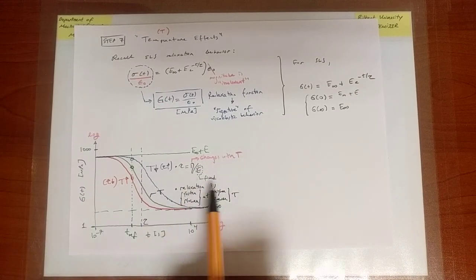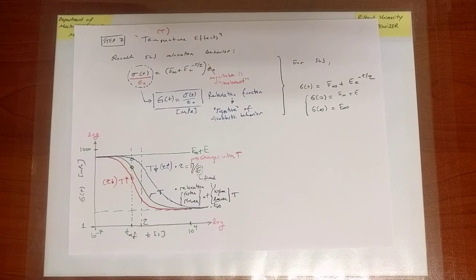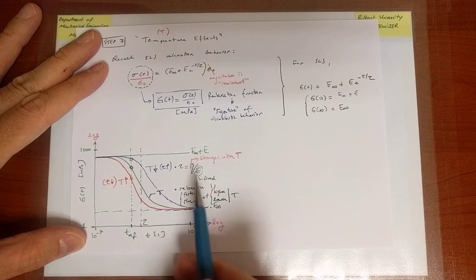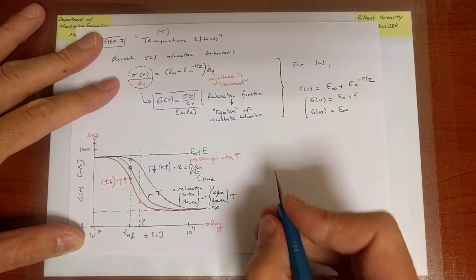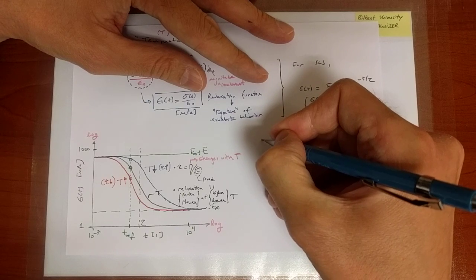Okay, relaxation is faster if the temperature is higher, slower if the temperature is lower. Now, that's a nice experimental input. What we're going to do is build up on this picture, and now I'm going to draw here a new plot.